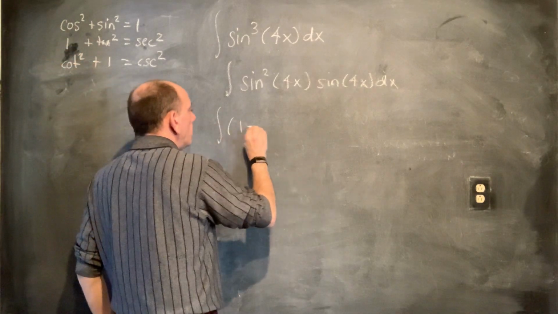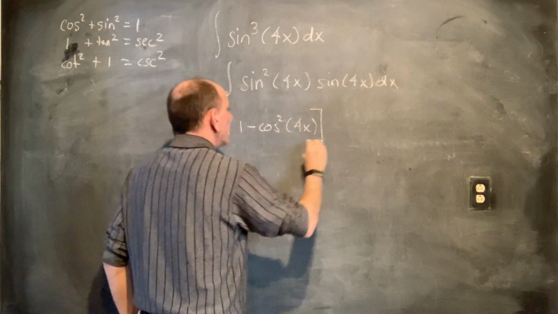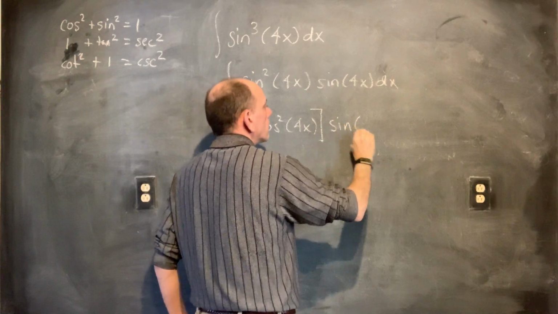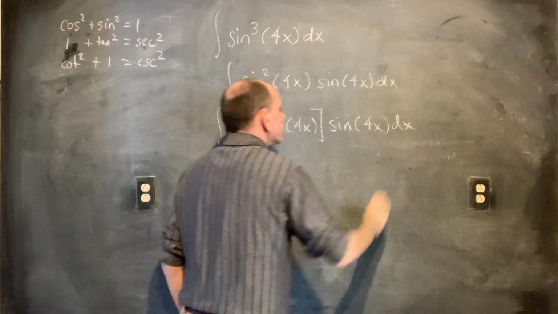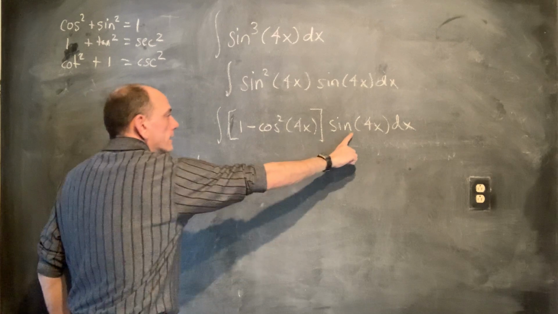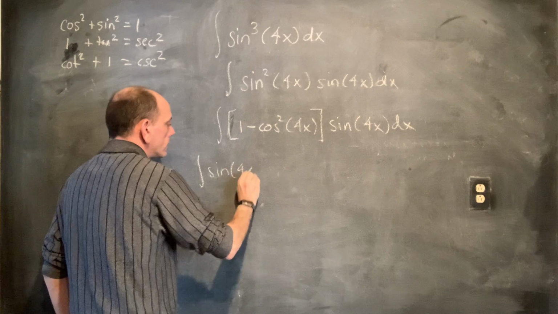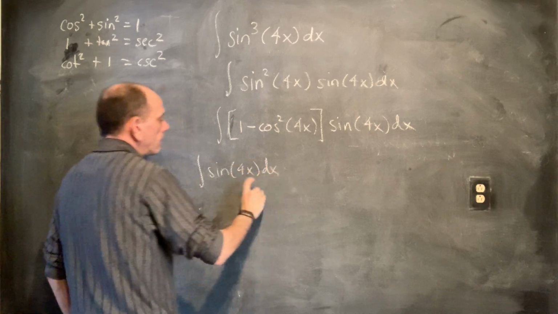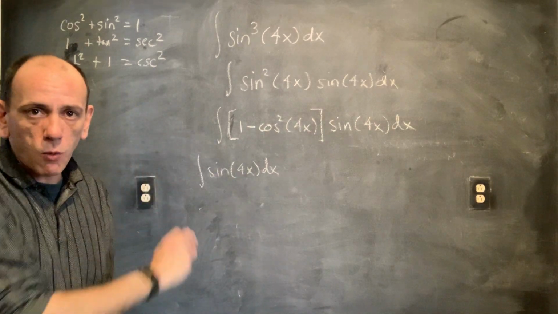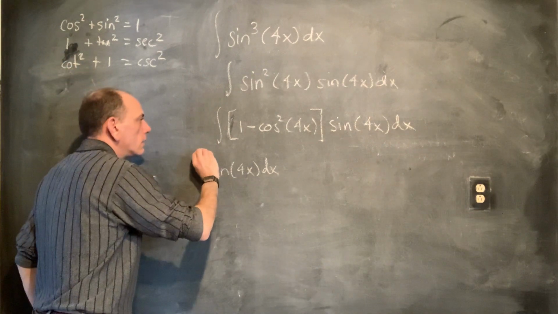Integral 1 minus the cosine square of 4x sine of 4x dx. Now when I distribute, I've got integral of sine of 4x dx. That's okay. This is doable. It's just a straight U sub. Right? I need to U in there for the composite 4x, but I'm just going to get the quarter outside and no problem. Okay, so this is totally doable now.